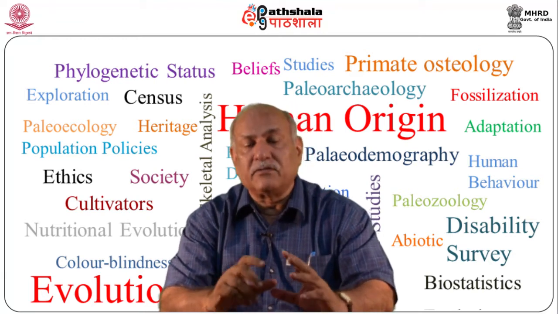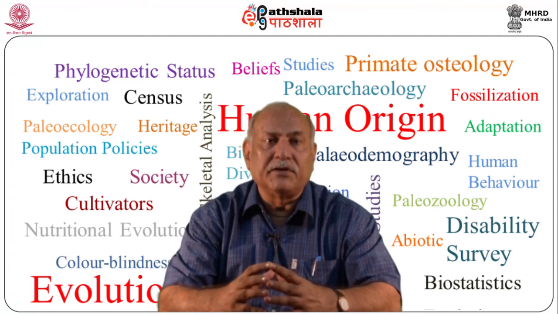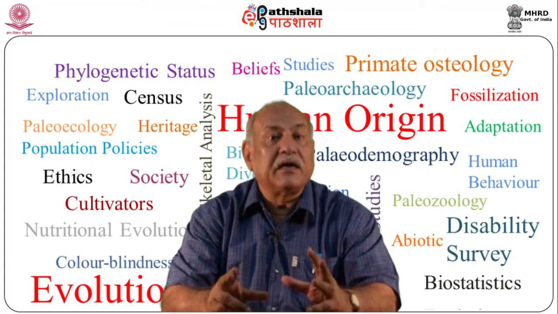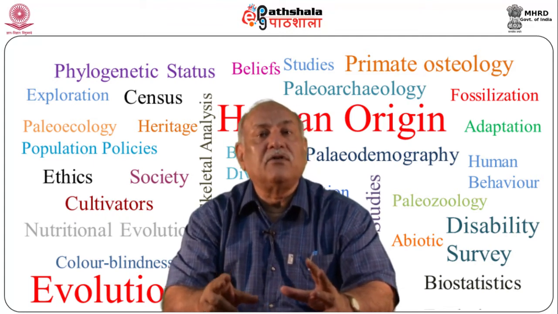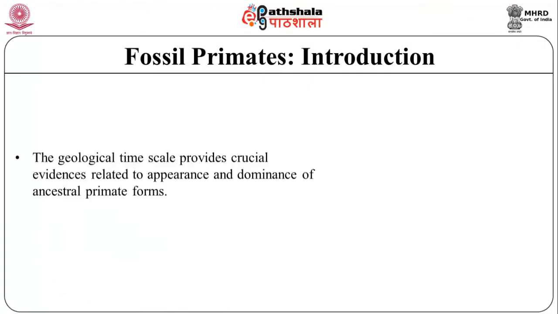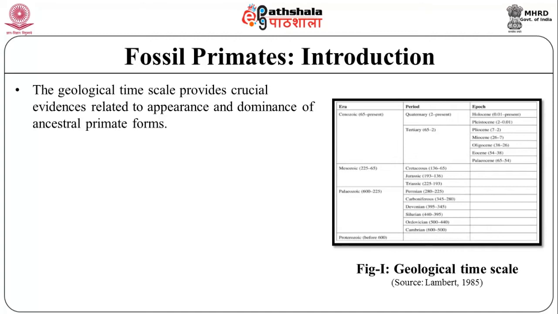The primate fossil records and evidence provide crucial information on the evolutionary trend of primate diversity over tens of millions of years. The geological time scale provides crucial evidence related to the appearance and dominance of ancestral primate forms, as shown in the figure.